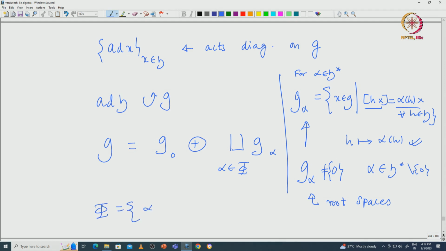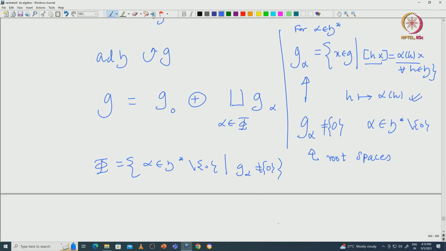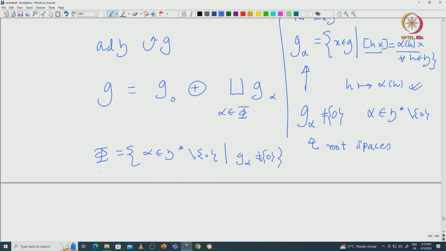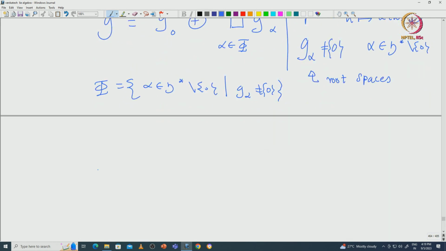This is those alpha in H star different from 0 such that G alpha is non-zero. Note that G being finite dimensional implies this capital phi must actually be finite. So this is a finite subset of H star.